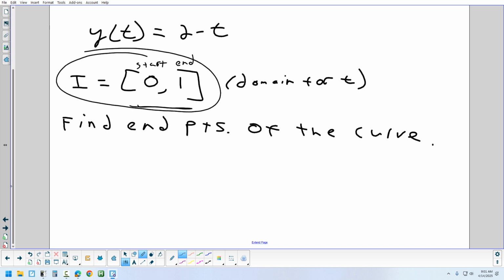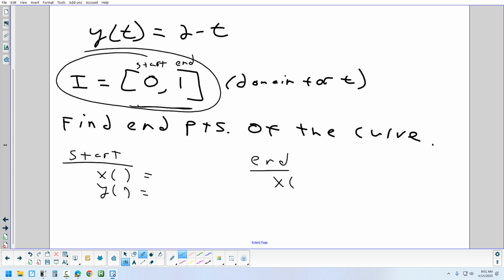Okay. So to find where this graph is going to start, we need to plug in a number for x, and we need to plug in a number for y. To find where it's going to end, I'm going to plug in a number for x and a number for y.